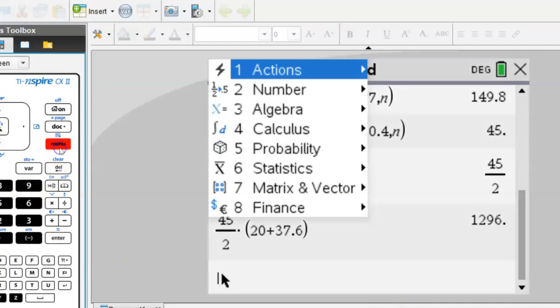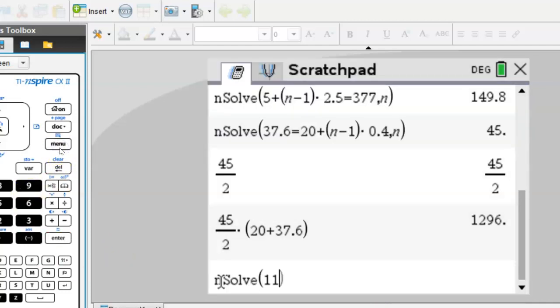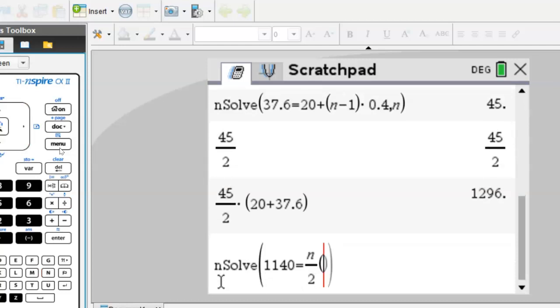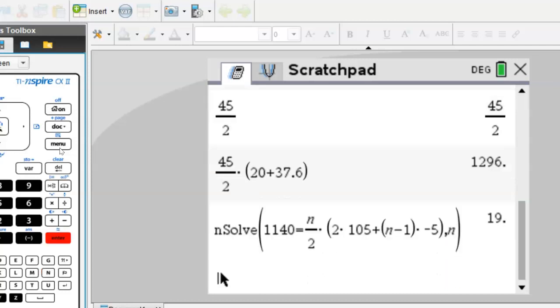So menu, 3, 1, 1140 equals, control divide, n over 2 times 2 times 105 plus n minus 1 in parentheses times negative 5, solve for n. 19.